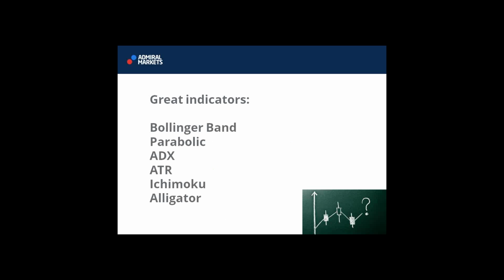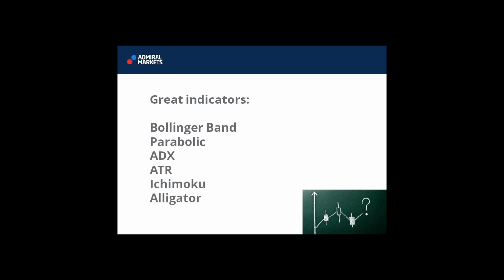Ichimoku is, I would say, a very good one as well, but the thing is that I already use EMAs. So in that regard, there's no, in my opinion, reason to keep both of these on the chart. It would just make things very crowded. Many traders use Bollinger Bands. I can see that.